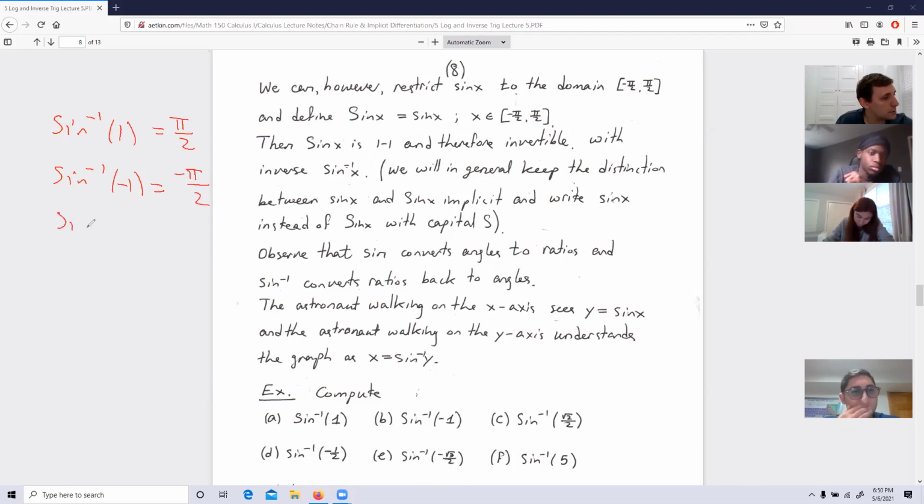Now, sine inverse of root 2 over 2, please. Pi over 4.